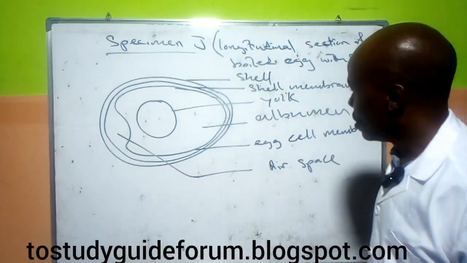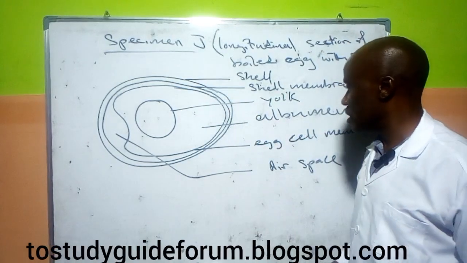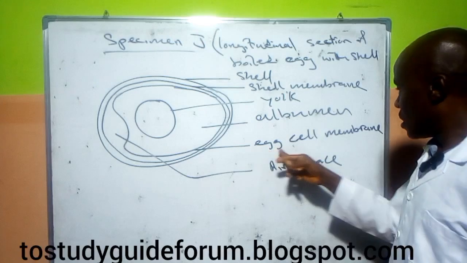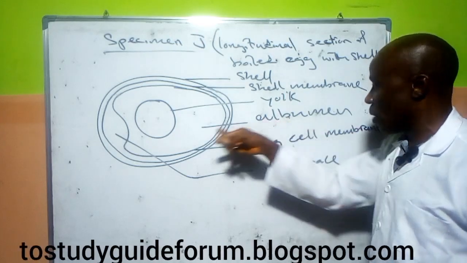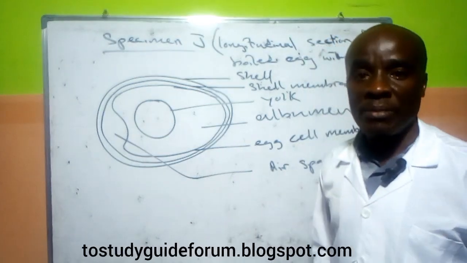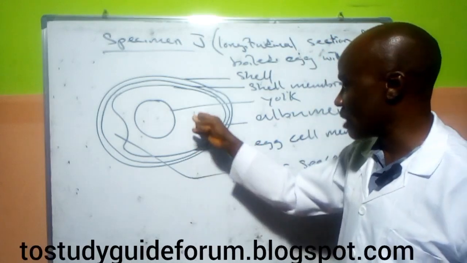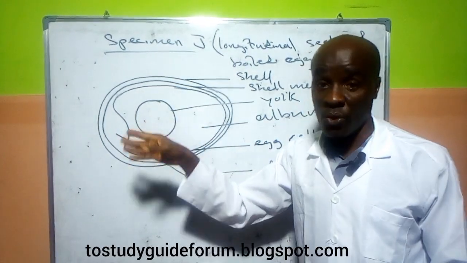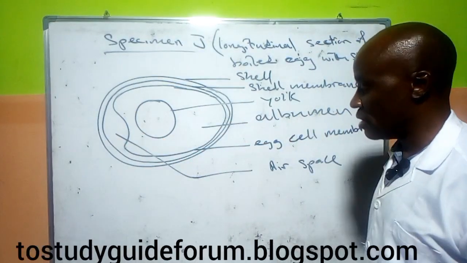That little white substance is the shell membrane, and after that, we get the egg cell membrane. Then the other one that is white because it has been cooked is the protein part of it. As a result of the nature of the protein, we have a white substance inside here surrounding the yolk, which is the albumin. Albumin is there too.